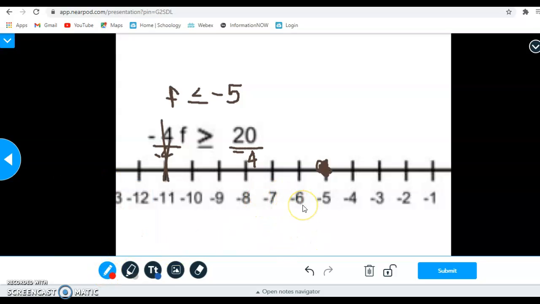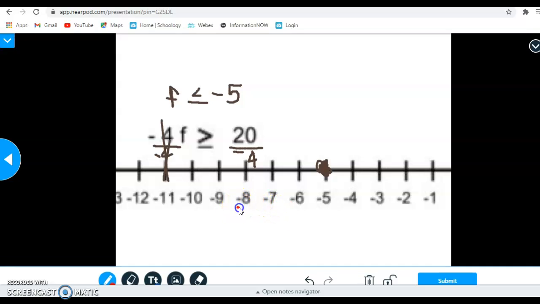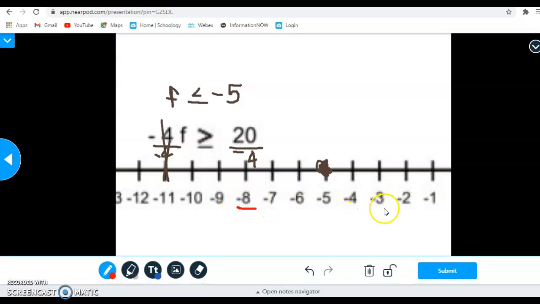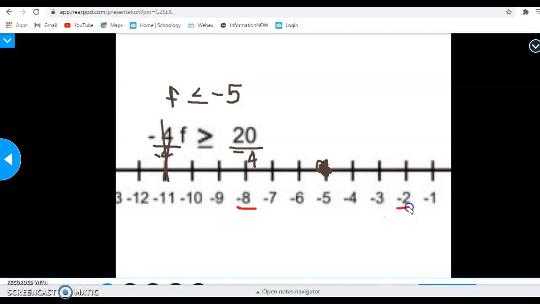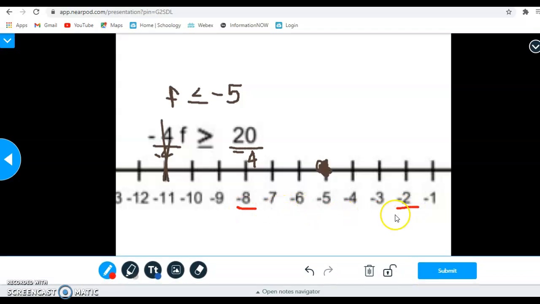So we're going to try 2 test points. A test point will tell us which way we need to shade. So if we are left with f is less than or equal to negative 5, we're going to try a test point on both sides. We're going to choose negative 8 on the left side and negative 2 on the right side. Let's try negative 8 first.